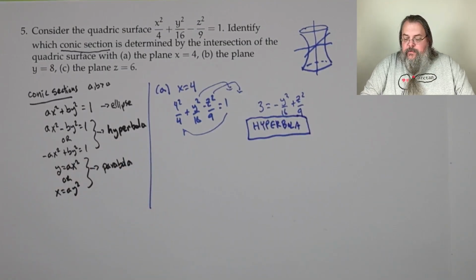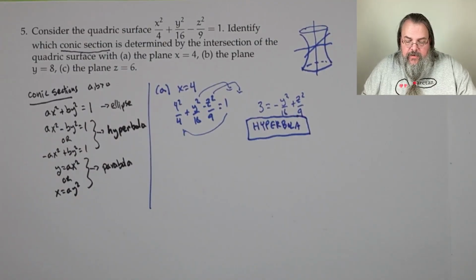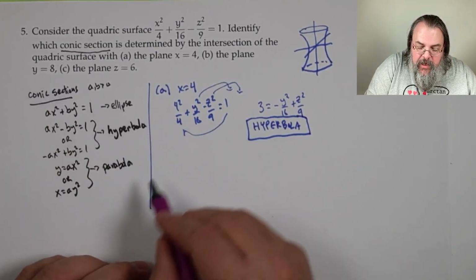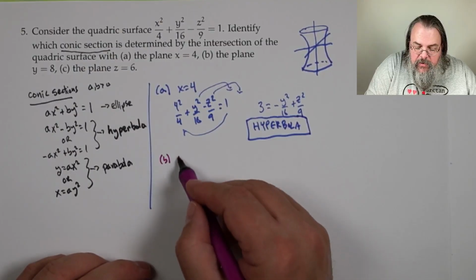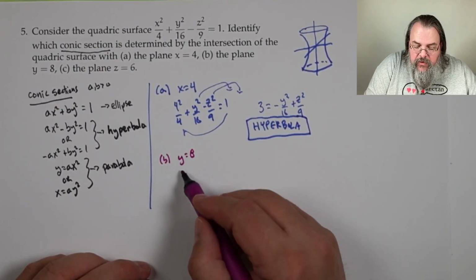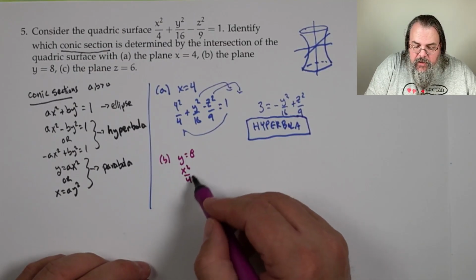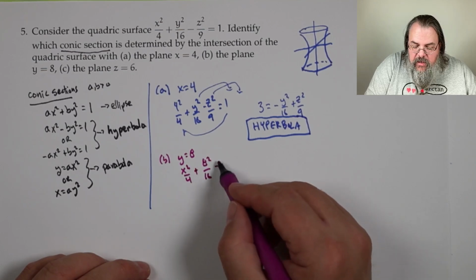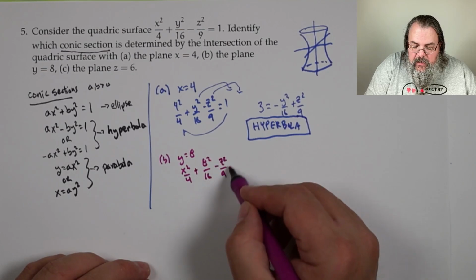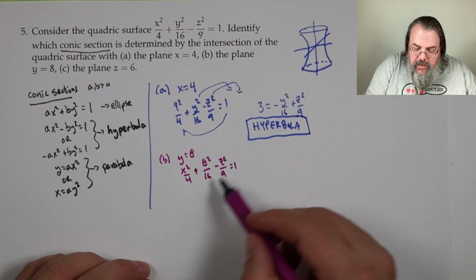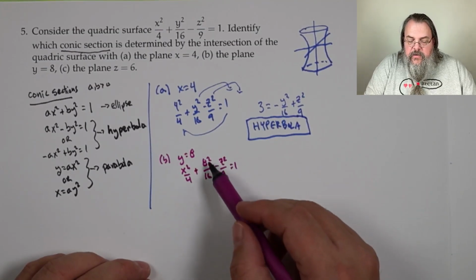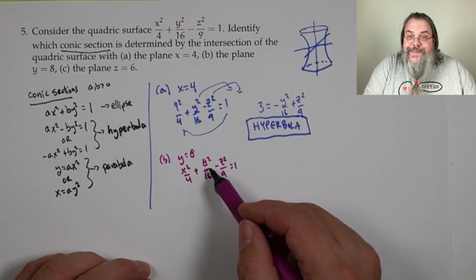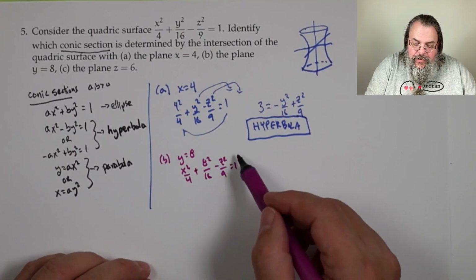Now, for part B, what do we have? Well, we're going to hit the plane y equals 8. Okay, so we do the same thing, y equals 8. So we have x squared over 4 plus 8 squared over 16 minus z squared over 9 equals 1. Well, 8 squared over 16 actually turns out to be 4. All right, 64 over 16 is 4. We'll do the same, right?